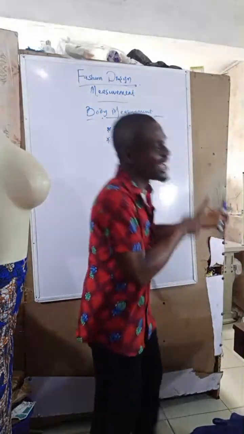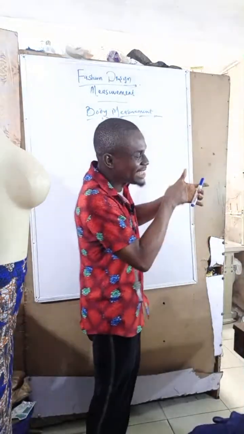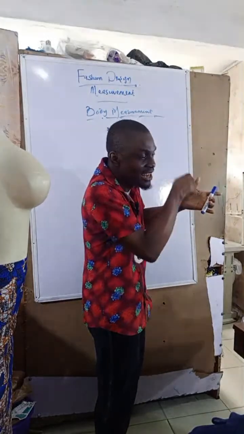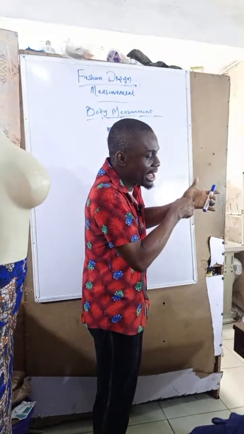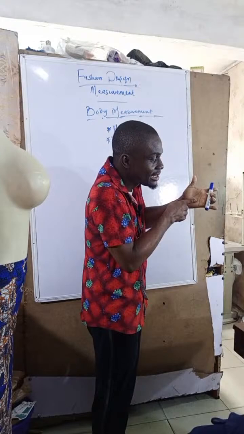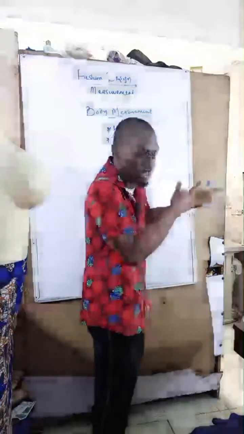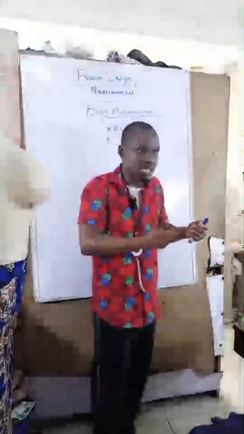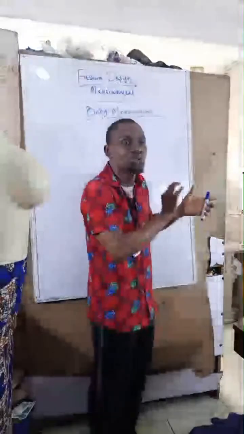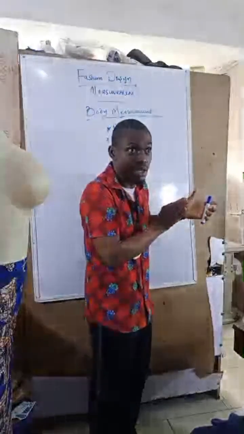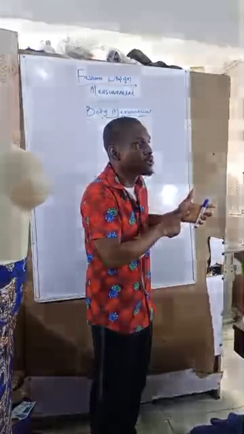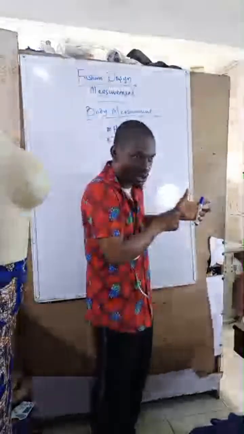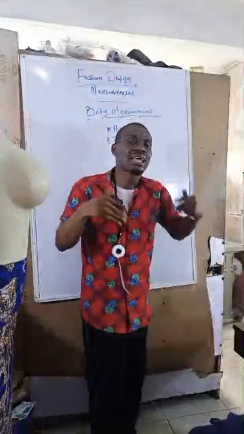Just type into your AI app, list all the measurements required for a size 8 trouser, however you want to arrange your grammar. One thing about AI is that you give it instructions. You can even tell AI, please don't include hip measurement, I don't need it, and it will exclude it. That's how AI really works.